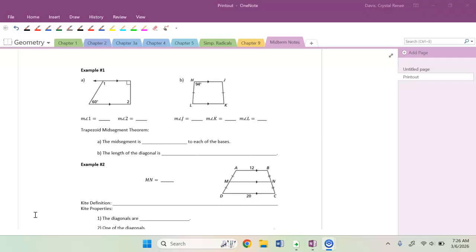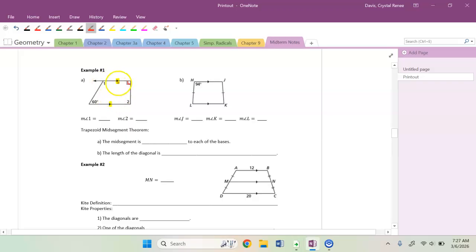All right, so let's look at some examples here. In example 1, we have a trapezoid, and we know it's a trapezoid because these two sides are parallel, these two sides are not. We have a right angle here. Now we don't know that the base angles are congruent because it doesn't look like this is an isosceles trapezoid.